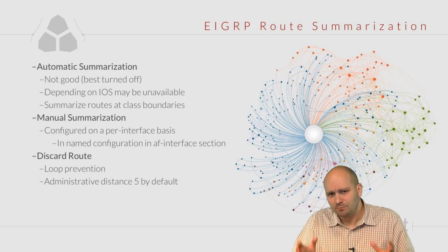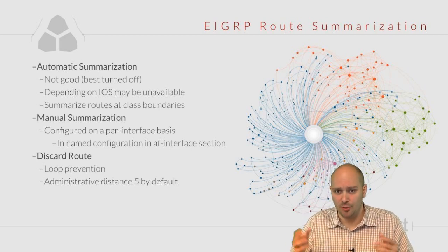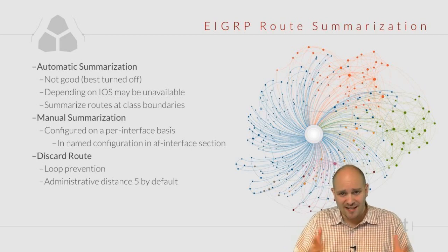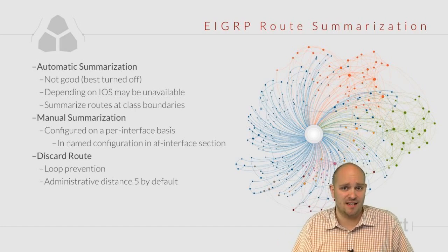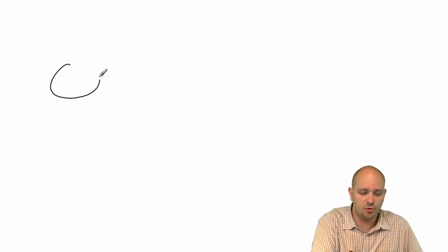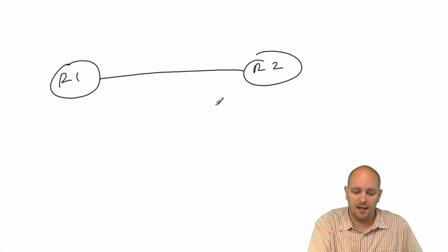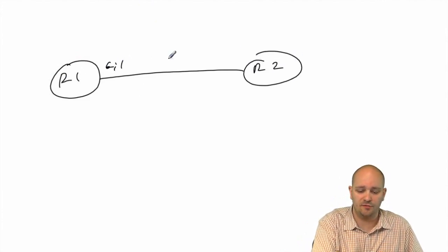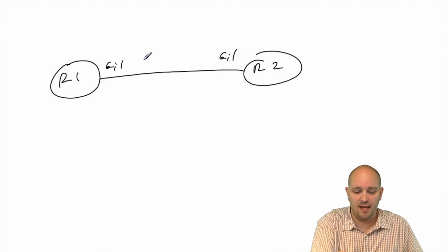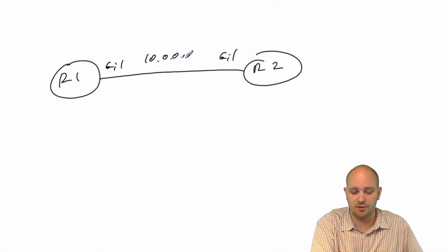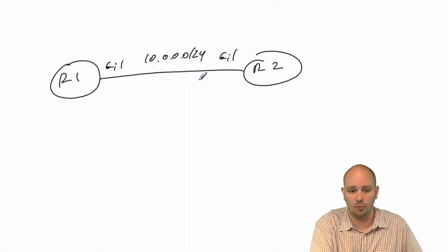But you know what? Talking about summarization without actually seeing it in action doesn't make much sense. So let's take a look at a practical example of IP route summarization in EIGRP. The network that I have pre-configured right now consists of just two routers, my R1 and R2, and they're interconnected on GigabitEthernet1 on both sides, and the network between them is 10.0.0.0/24.